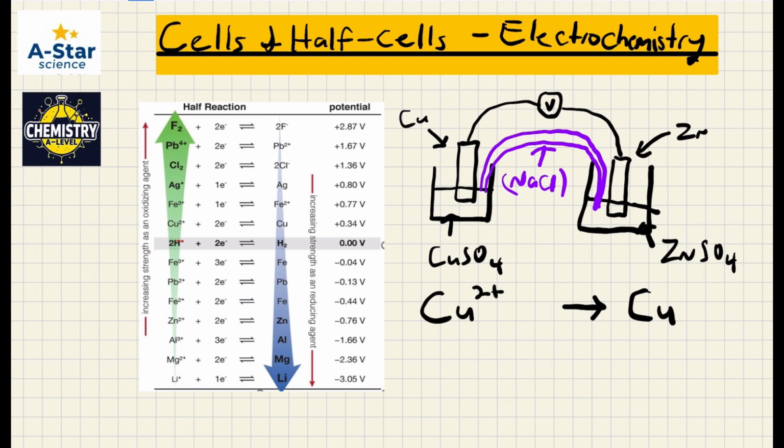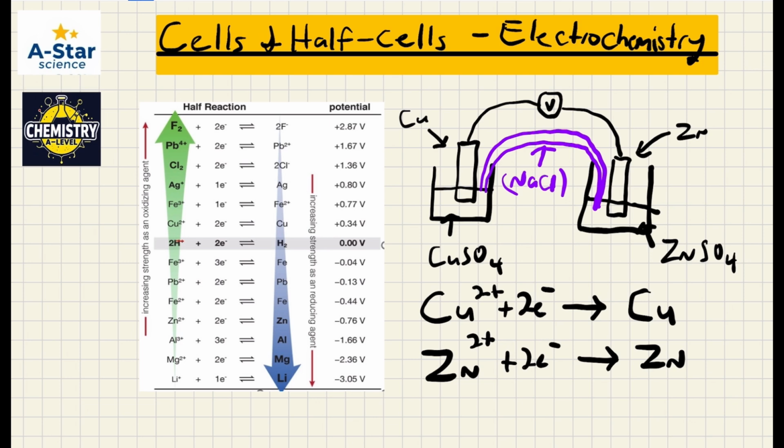That means that we can add electrons to form the elemental copper. In the other half cell, we have zinc 2+, and that's going to go to zinc metal. And if we add 2 electrons, we know that we can get elemental zinc. But we need to determine which one is going to get electrons and which one is going to give electrons.